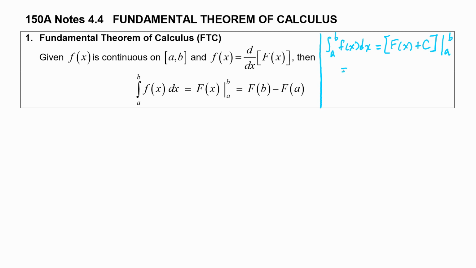So then that would equal capital F evaluated at b plus c, the constant of integration, minus capital F evaluated at a plus the constant of integration. And notice that we would have c minus c, those two cancel out, and that's how we end up with F of b minus F of a.